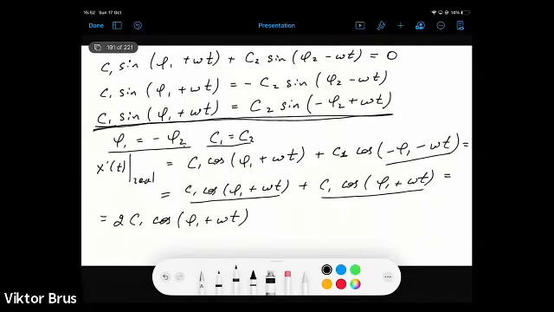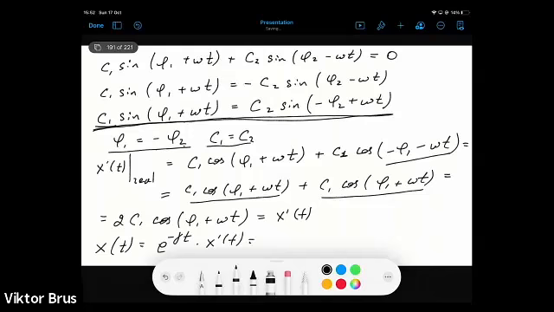So now we are finally coming to the final expression. So that is x prime t. And we are interested in x as a function of t, and that was exponent minus gamma t times x prime t.